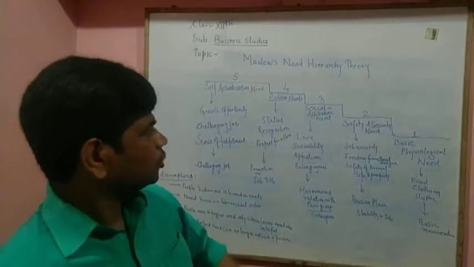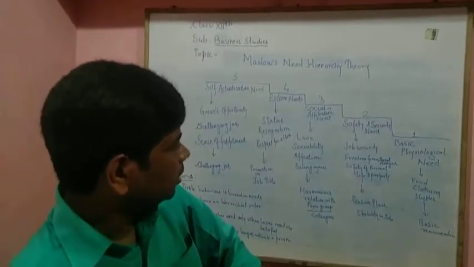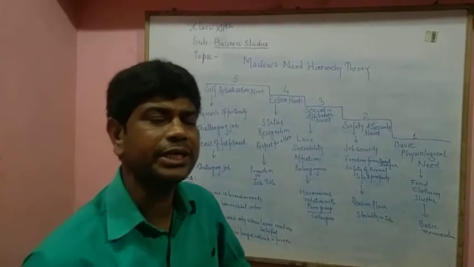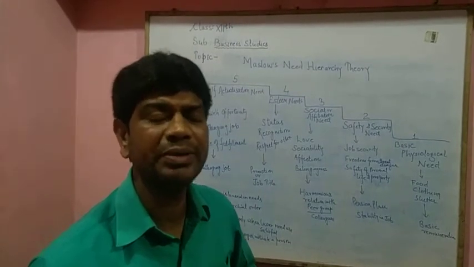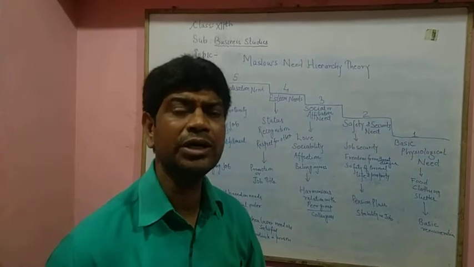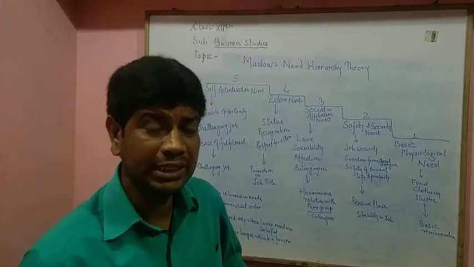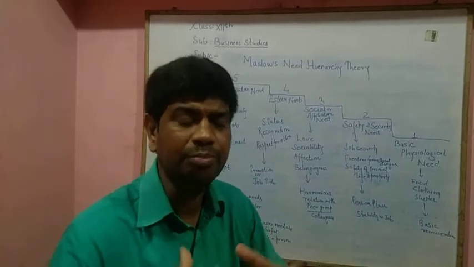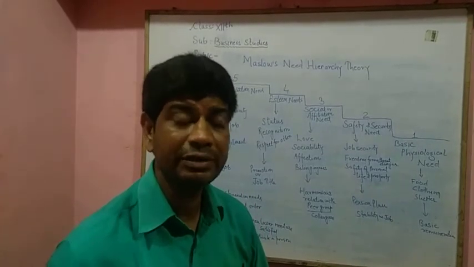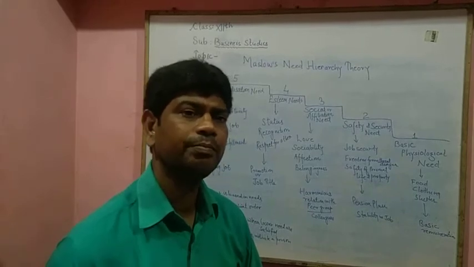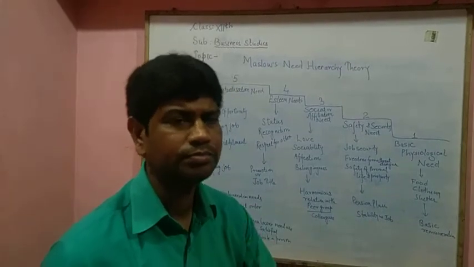Next is social affiliation needs. Social or affiliation needs. We know that human beings are gregarious. They want to be in groups, and they want to enjoy company. And this is what we have seen in informal organizations, how they play an important role.